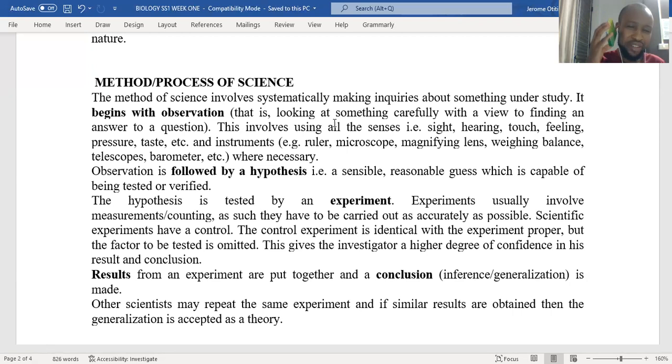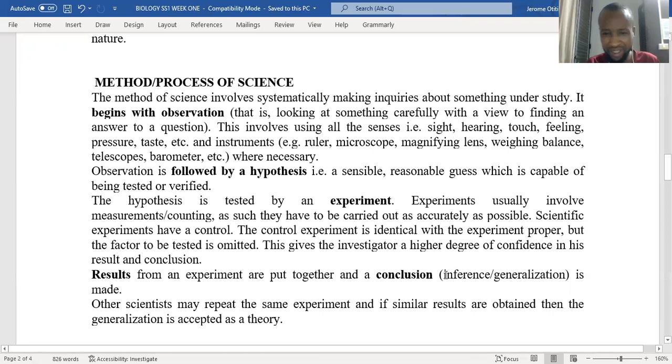Then for me to verify what is inside, I have to open it and see how many stones are inside. What I'm doing there is no longer a hypothesis. I'm carrying out an experiment. Experiment means to test. So after the experiment has been conducted and the result is out, the hypothesis will be accepted or rejected.